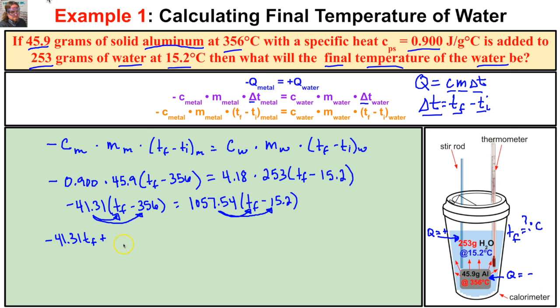A negative and a negative. Whenever you're multiplying, that should be a positive. 14,702.8, and this is going to equal 1057.54 times the final temperature minus 16,074.6.